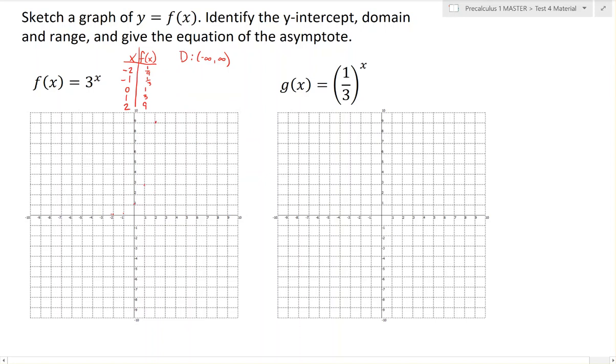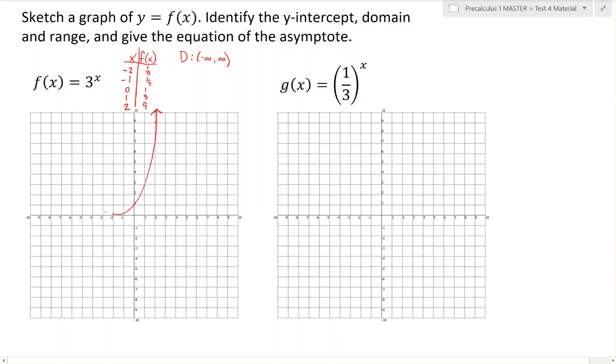And just smoothly connect those points that you plotted. And if we continue to go to more and more positive x's, y just increases. So we put an arrow up to show that it keeps going that way.